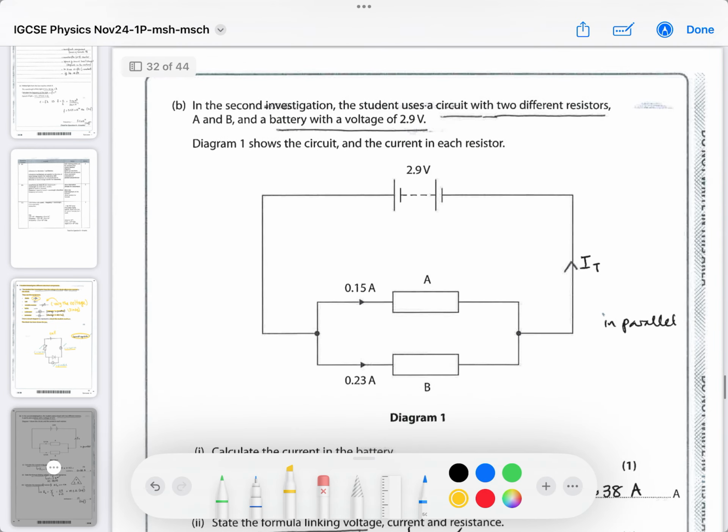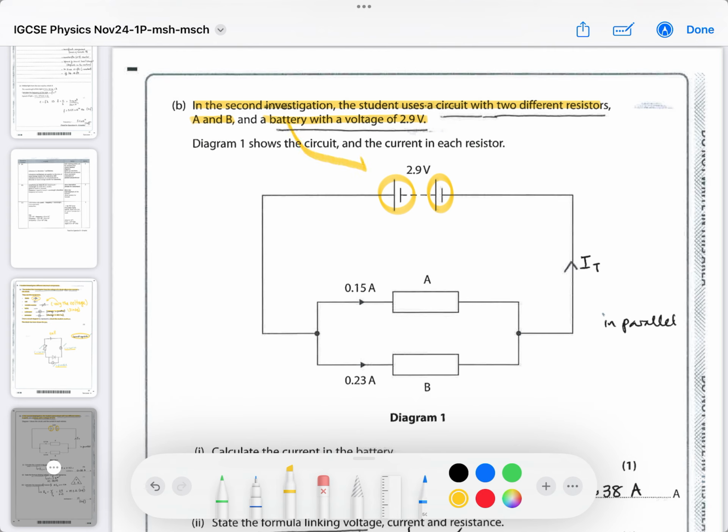Okay, in the second investigation, the student uses a circuit with 2 resistors, A and B, you can see them in the diagram, and a battery, which is 2.9 volts. So this was a cell, and when you have 2 cells joined together with the dotted line, it means a number of cells, which we call a battery.